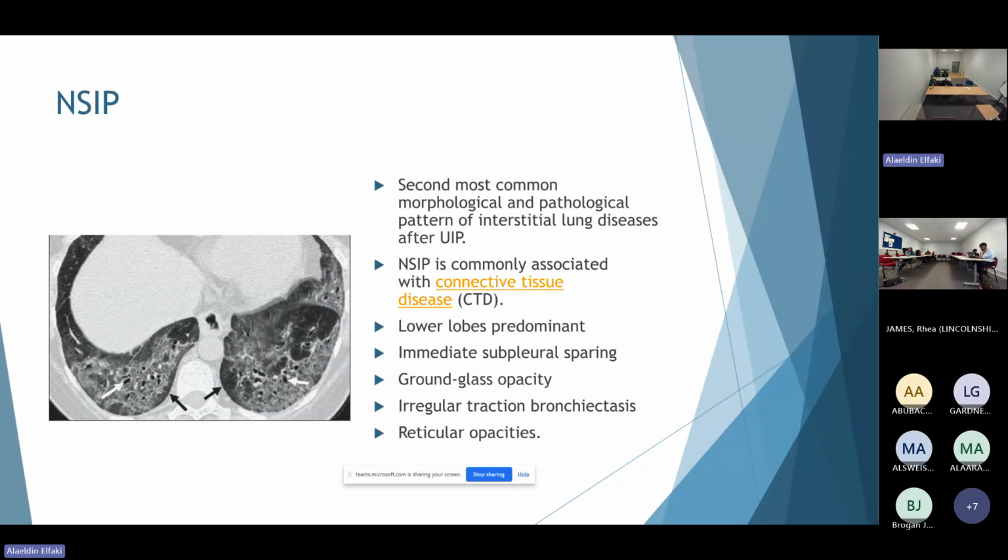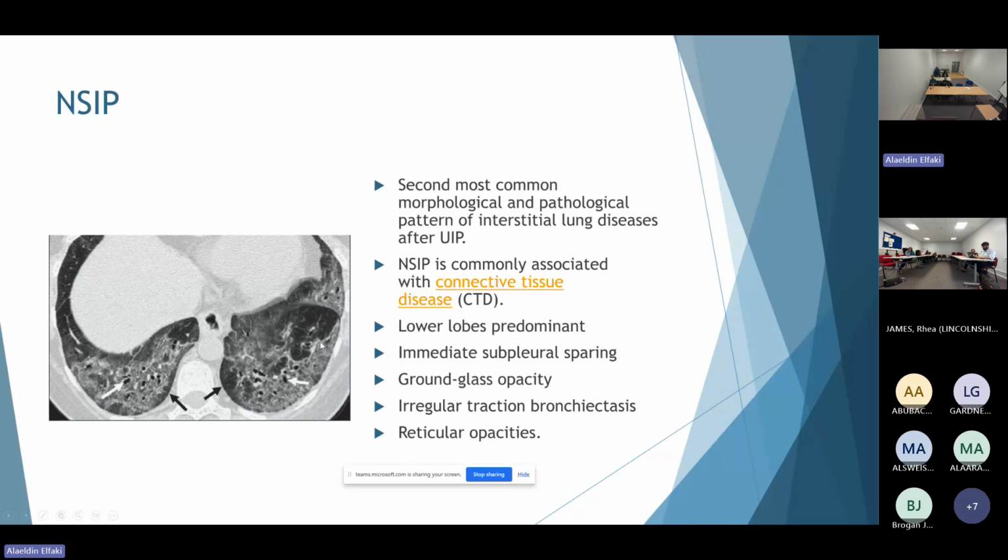So the non-specific interstitial pneumonia, as we said, is the second most common cause of idiopathic interstitial pneumonia, and it may sometimes be associated with connective tissue disorders. It affects the lower lobe, and it spares the subpleural area, so there is no honeycombing or fibrotic changes at the subpleural area.